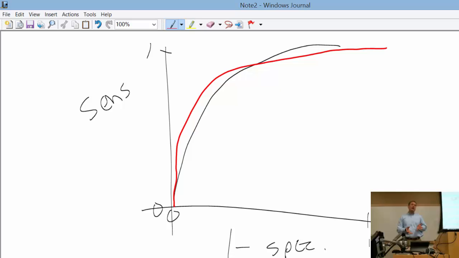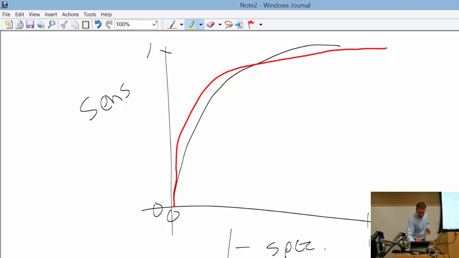If instead you were not necessarily as concerned about sensitivity and false positive rate, and you want to know overall which of these methods is going to be better, there's another way that you can approach this. You can look at the area underneath these curves. We talked about this briefly before.